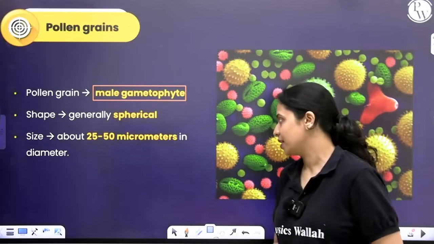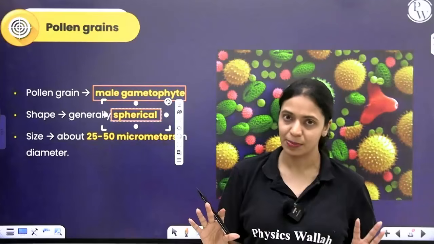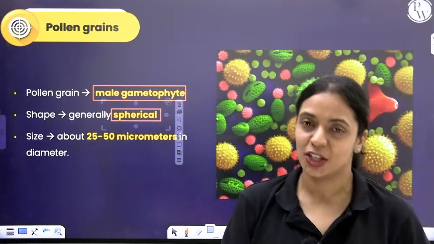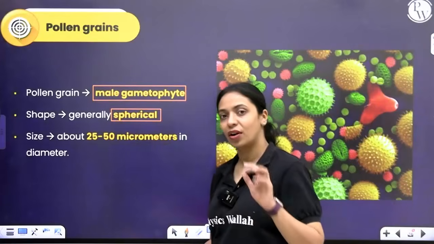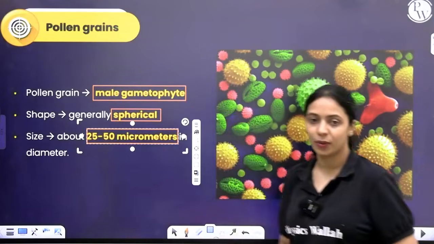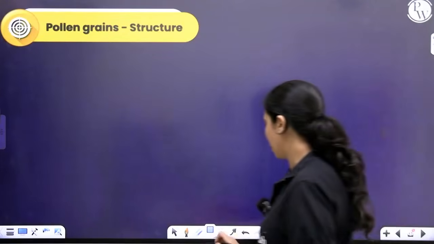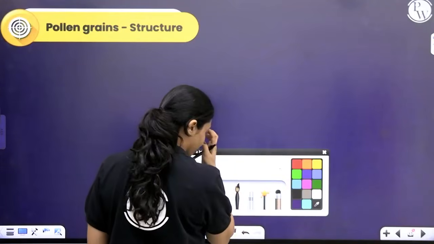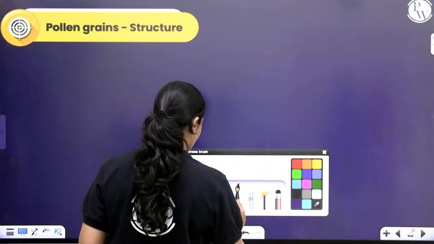Generally, pollen grains are spherical in shape. They come in many different shapes, but majorly, they are spherical in shape. And their size is very, very small. They measure around 25 to 50 microns in diameter. Talking about its structure, a pollen grain is composed of 2 wall layers. The wall of the pollen grain has 2 layers.